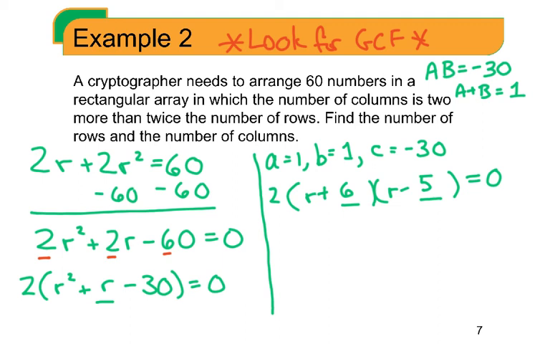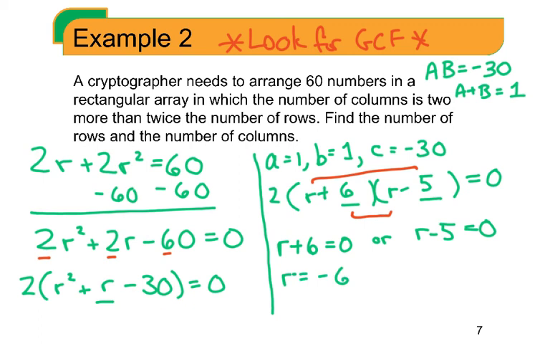And this to be negative. Now let's check. Outer gives me negative 5, inner gives me positive 6. Okay, so R plus 6 equals 0, or R minus 5 equals 0. So R equals negative 6, or R equals 5.